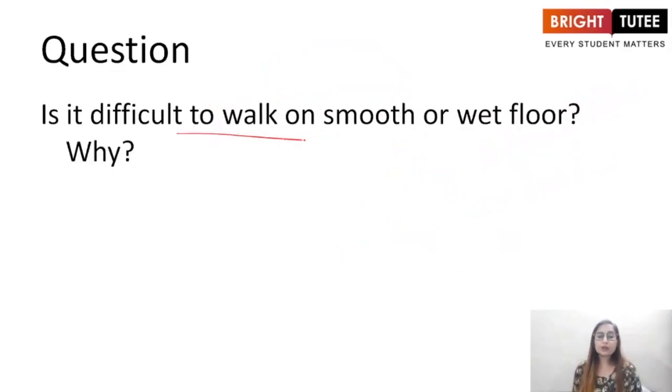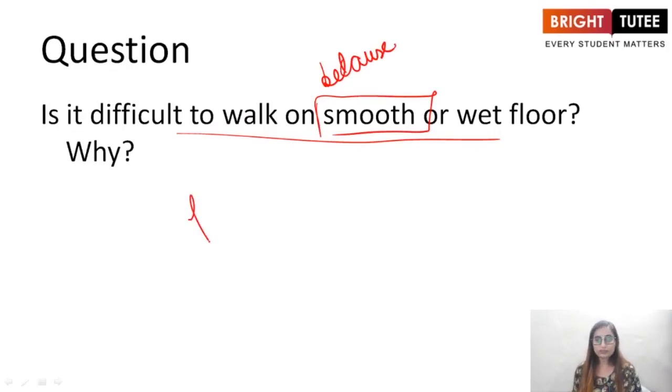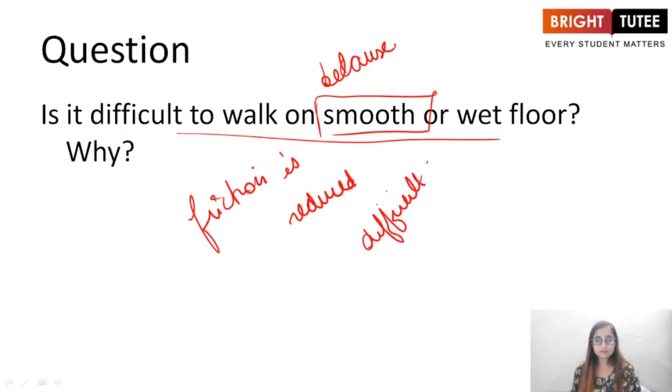Is it difficult to walk on a smooth or a wet floor? Basically, students, it is difficult to walk on a smooth floor because when there is a smooth floor, the friction is reduced. So as the friction is reduced, it becomes difficult to walk because the points of contact and the irregularities are reduced.